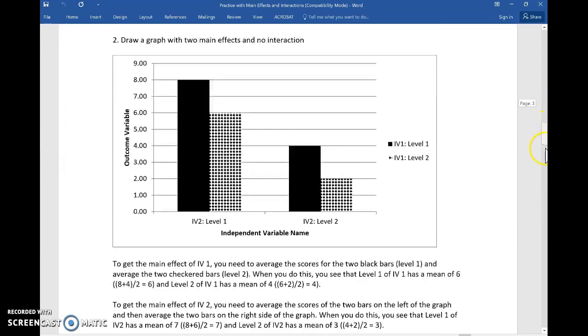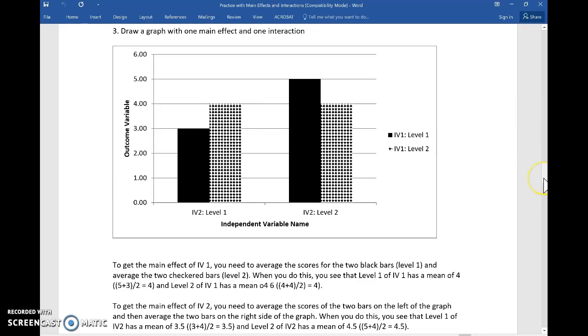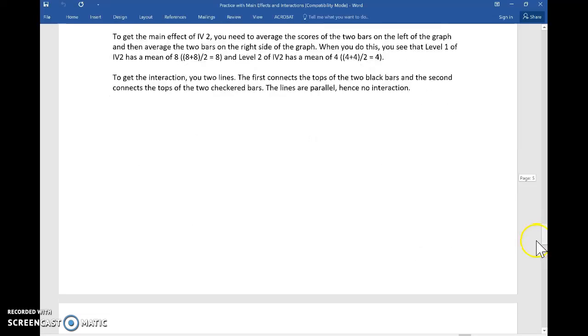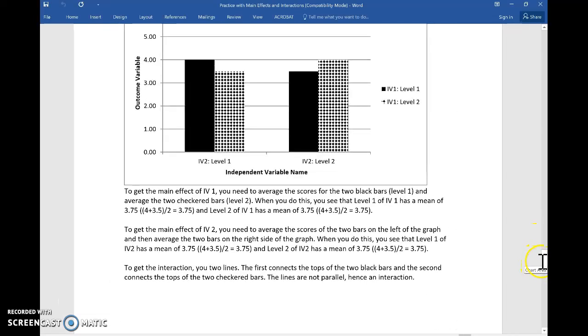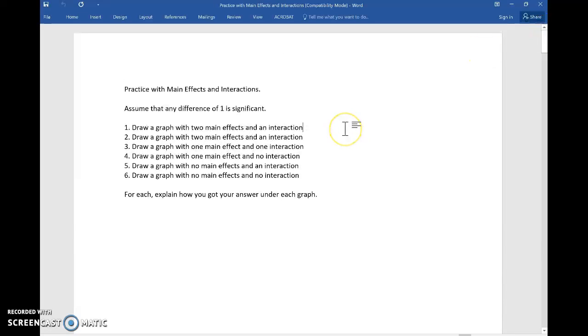Now, these aren't the only examples of these graphs that you could have. But needless to say, once again, I'm a big believer that if you can draw them, you can interpret them as well. So my suggestion is to practice with this and see if the math works out. If you can do this, you are going to be in great shape.